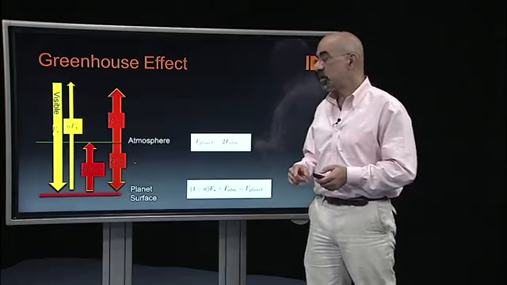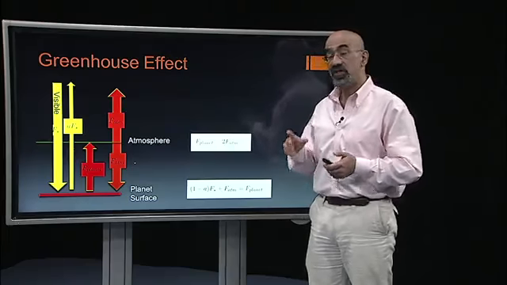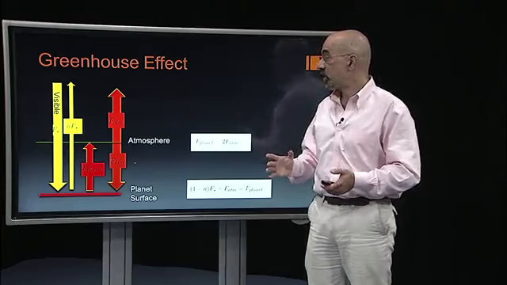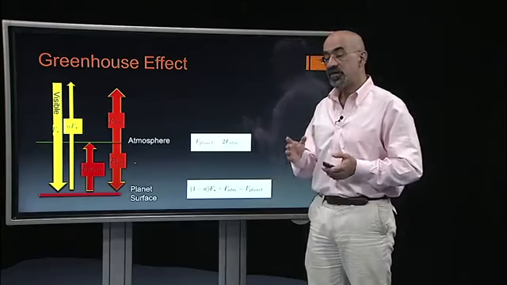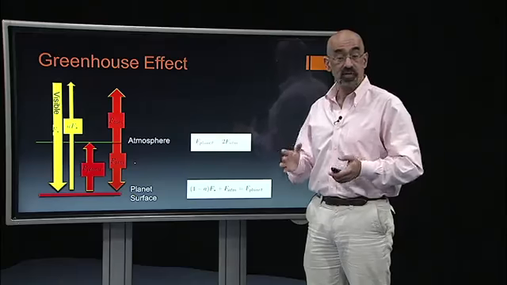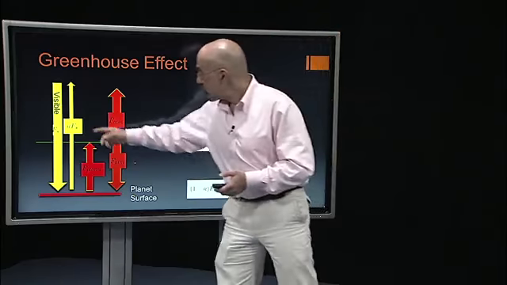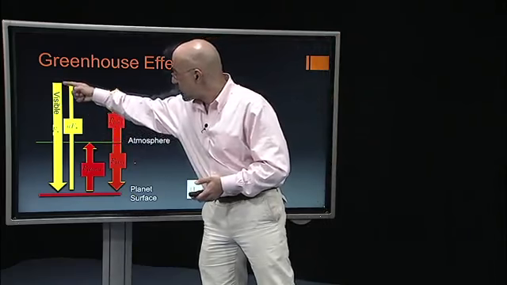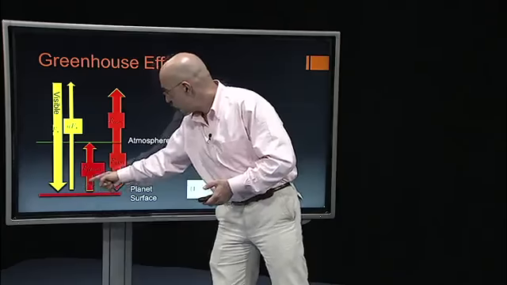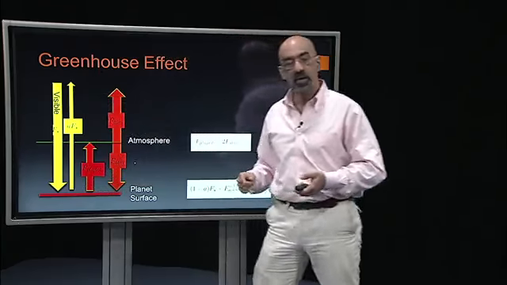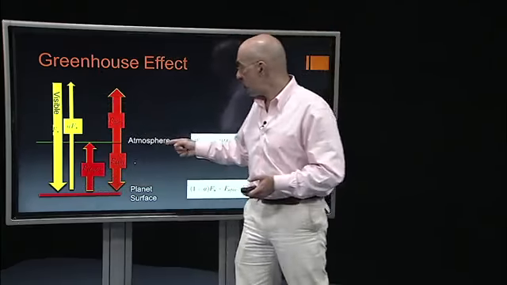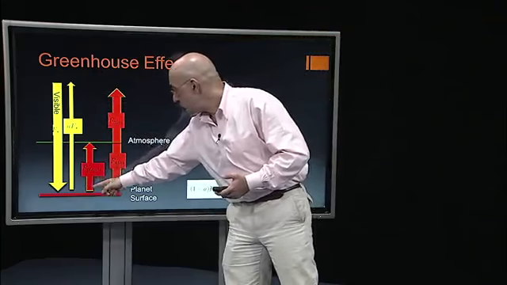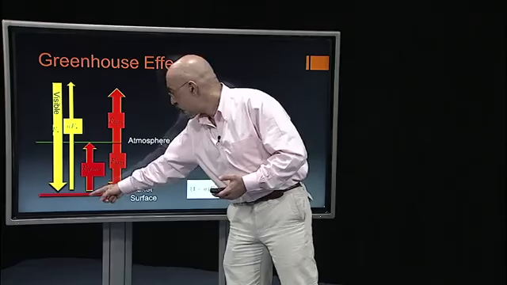So now we want to talk about the greenhouse effect and how that changes the temperature of the planet. The greenhouse effect is in some ways very simple. Remember when we looked at what determined the temperature of a planet, we balanced the energy in with the energy out. This story changes if you have an atmosphere that absorbs the energy emitted from the surface of the planet.